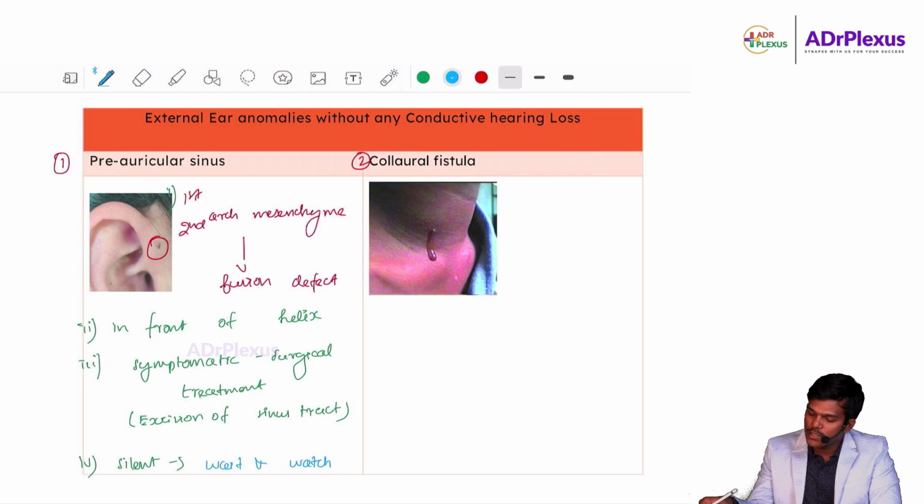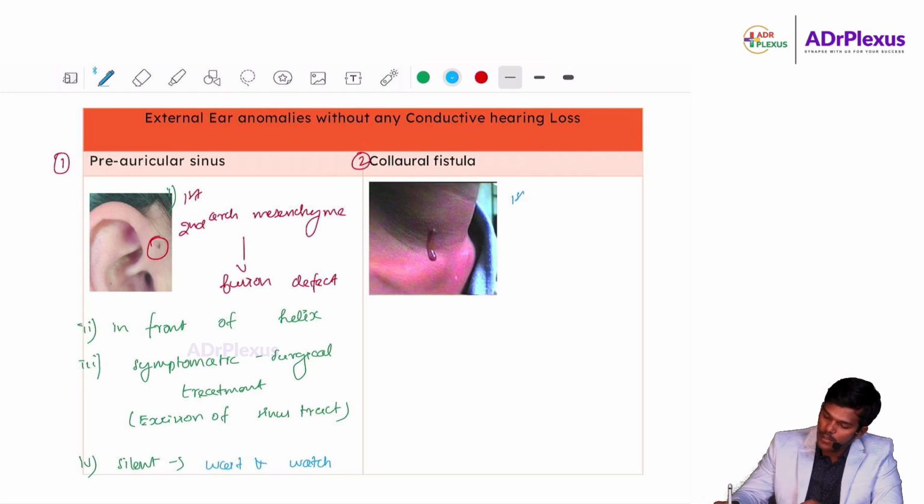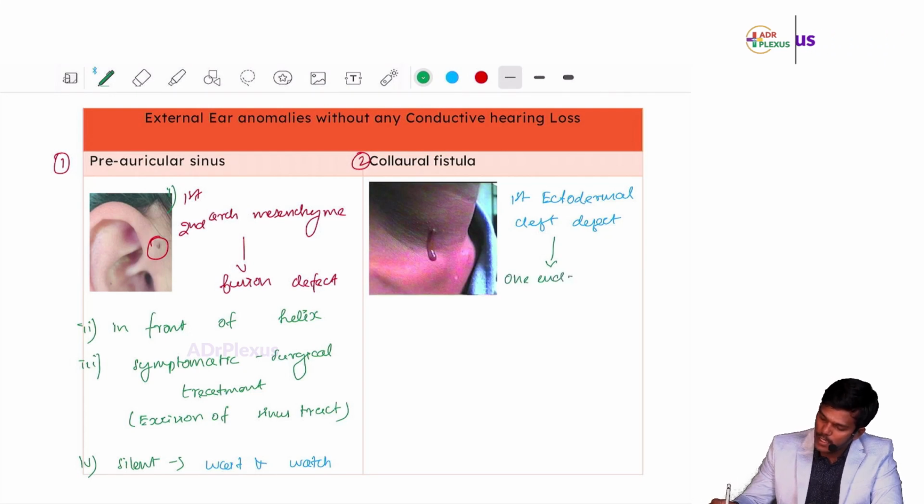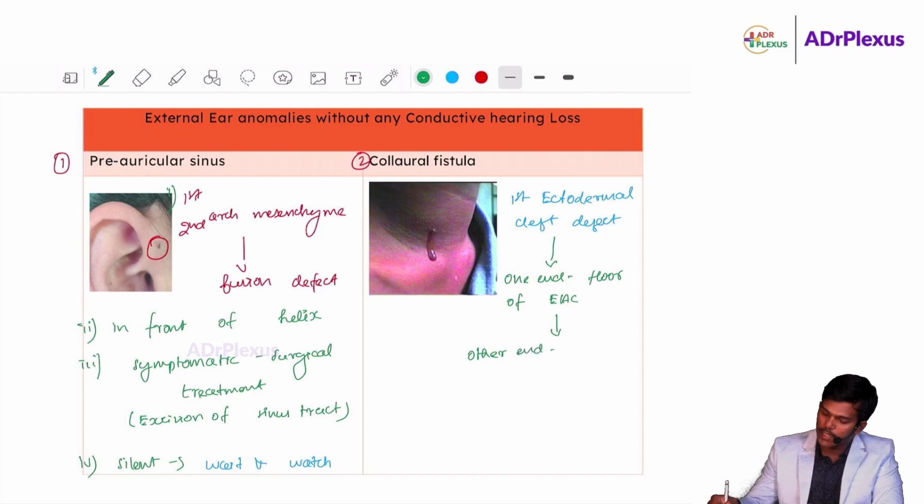Clear? So the coloboma fistula is again a first ectodermal cleft defect. Okay, here one end is at the floor of the external auditory canal, the other end over the neck.